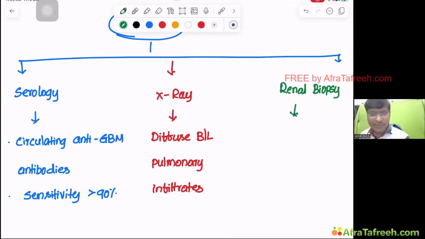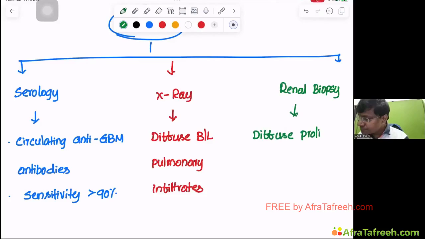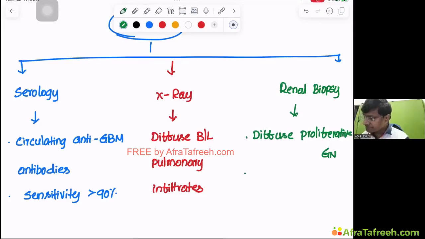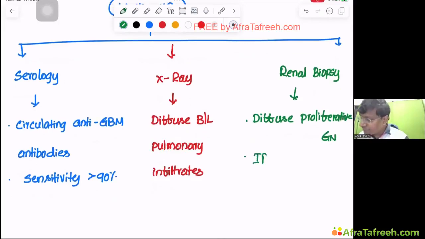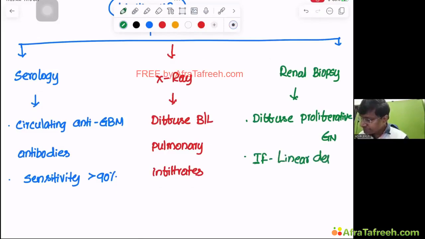Now, what does the renal biopsy show? You will notice diffuse proliferative glomerulonephritis, right? Followed by that, on immunofluorescence you will notice linear deposits. What are these linear deposits?